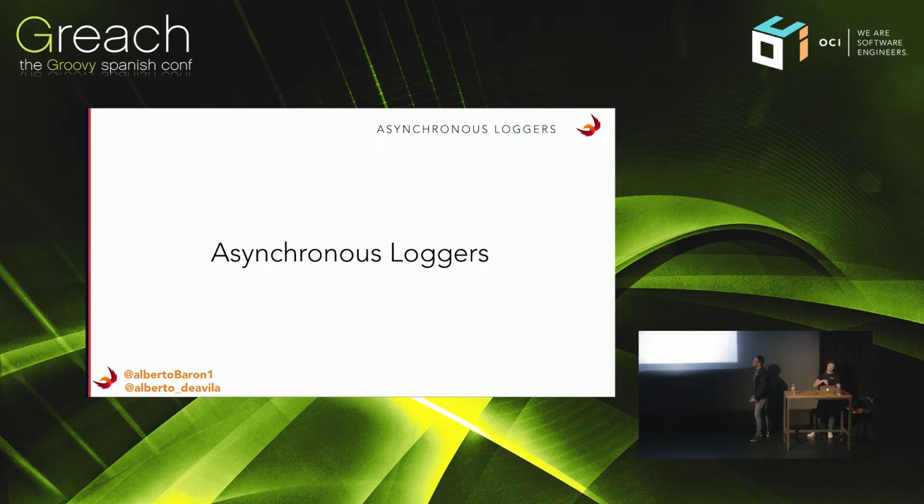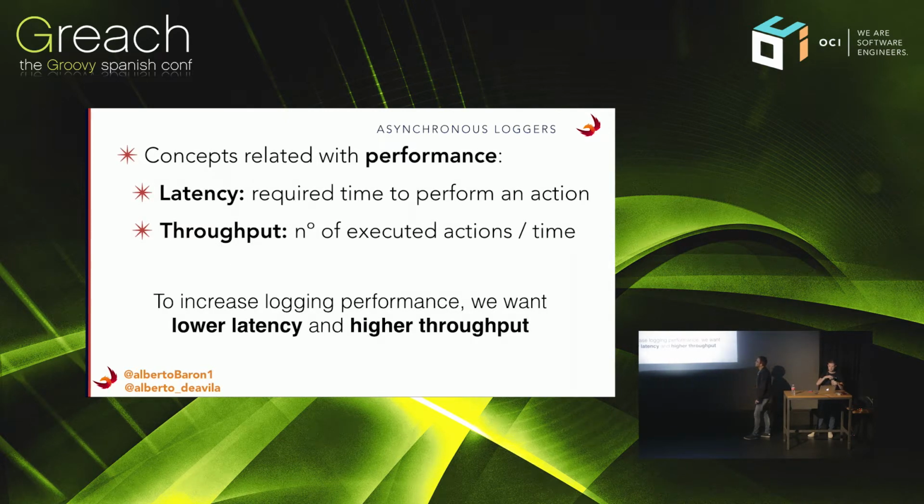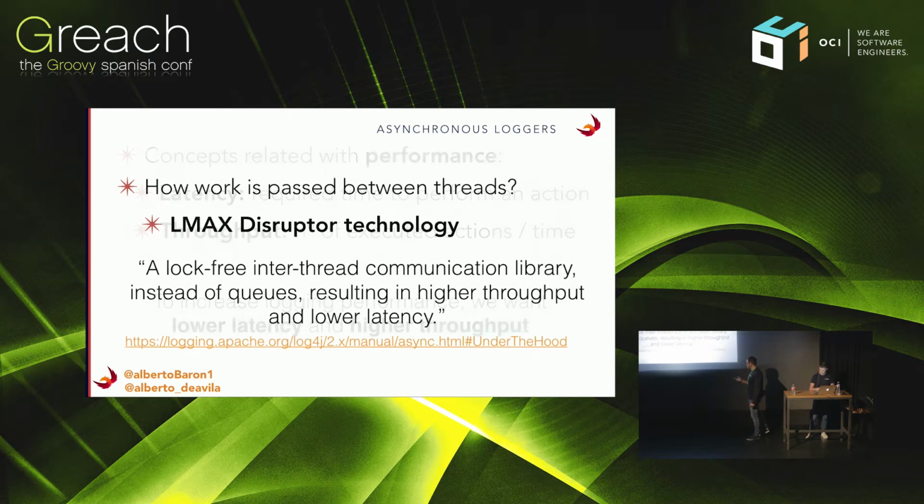This improves the performance because it reduces the latency and improves the throughput. Those concepts are: the latency is the time required to perform an action, and the throughput is the number of actions executed per time. So to increase the performance, what we are looking for is to reduce the latency and to get a high throughput.